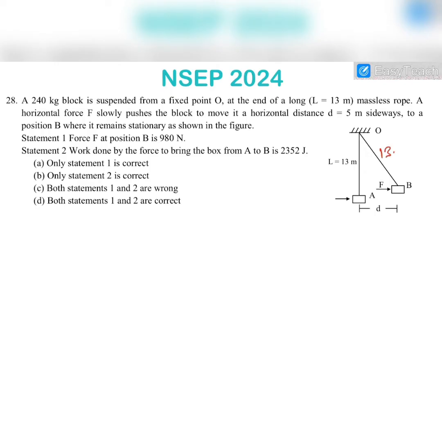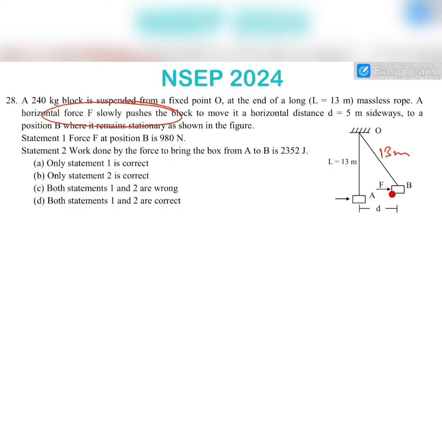This length is 13 meters, and it is not given that the force is constant, which means we cannot take the force as constant. The block is being shifted slowly, which means at each point of time the velocity of the block is negligibly small and the block is in equilibrium.